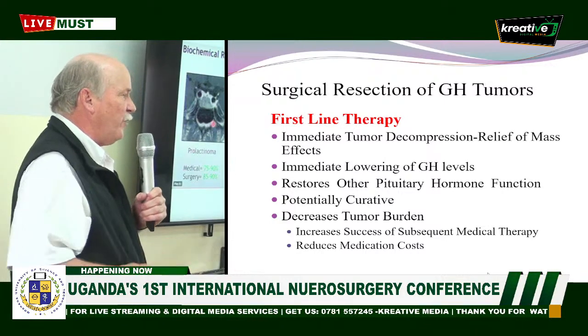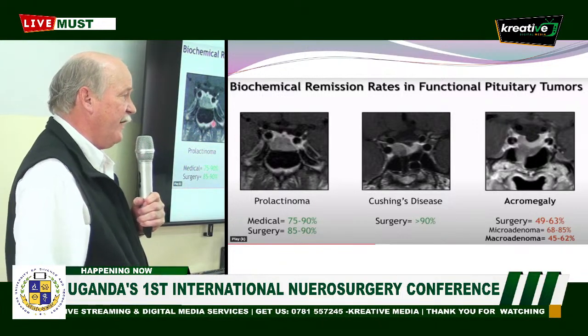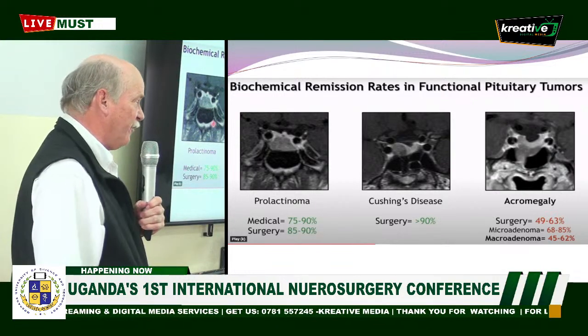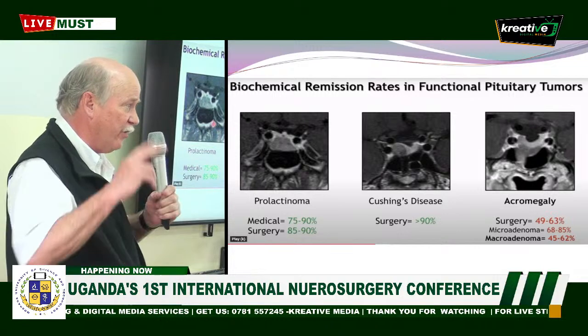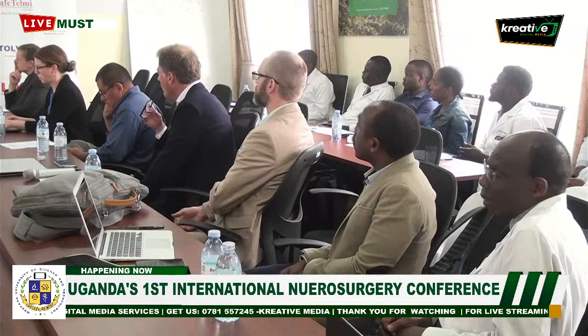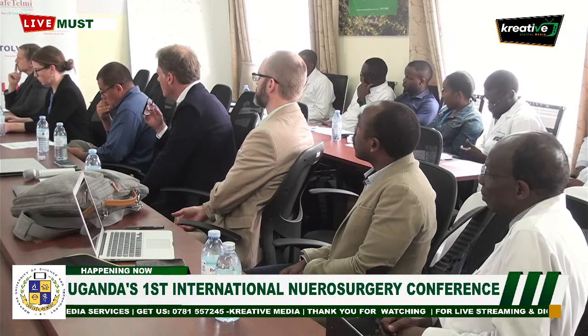So what are the remission rates for growth hormone secreting tumors? If you look at prolactinomas, we have a medical management for prolactinomas, and we usually start with that. We can cure prolactinomas, which means put them in remission, 70 to 90% of the time with medical management, and about 85 to 90% of the time with surgery.